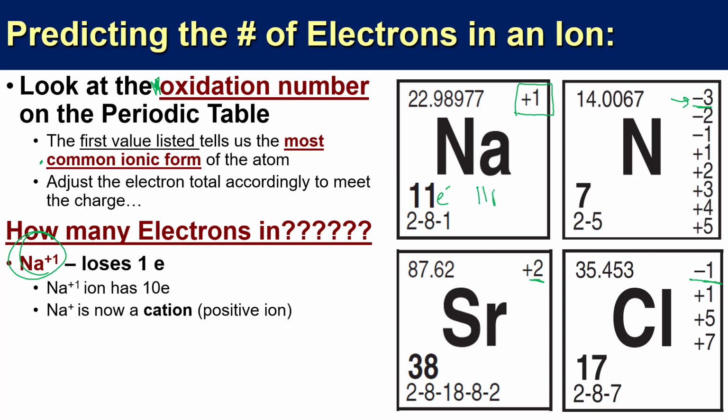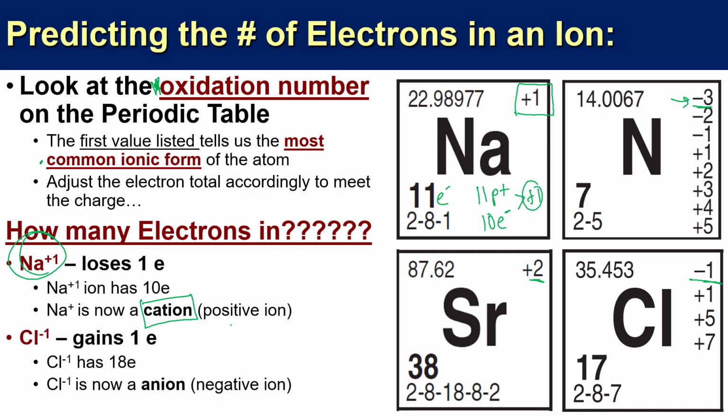Remember, if you have 11 protons and then lose an electron, you go from 11 electrons to 10 electrons. So you have 11 things that are plus, 10 things that are minus. That gives you a net charge of plus 1, and that is why it is a plus 1 ion. That forms, here's some vocabulary for you, a cation. A cation is a positive ion.